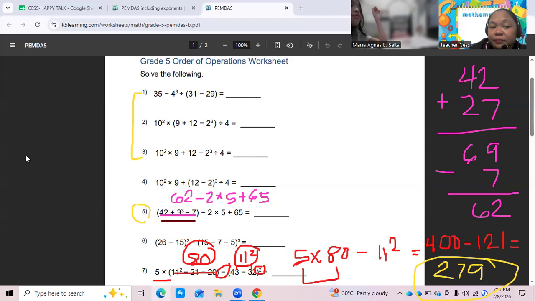Because if you do GEMDAS, multiplication is the first operation before addition and subtraction, right? So 5 times 2, or 2 times 5, is 10. So meaning it will become 62 minus 10 plus 65. Next, what are you going to do?